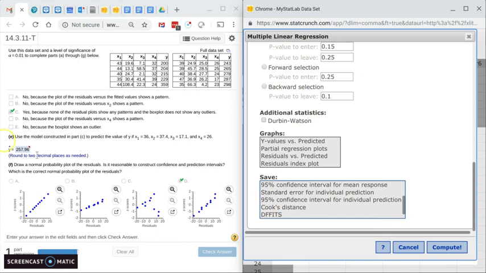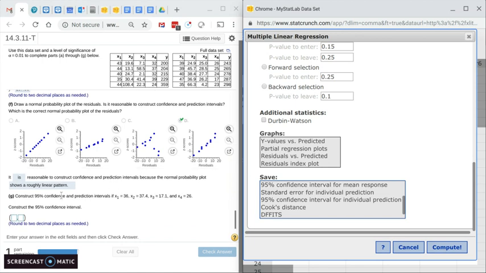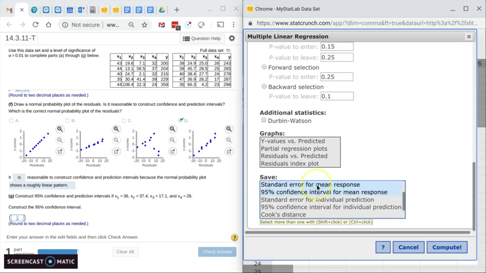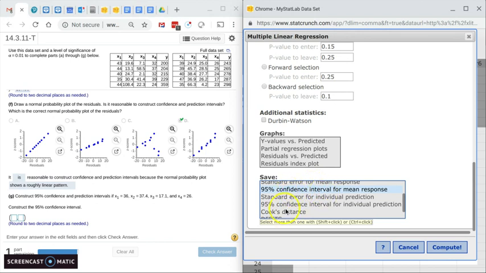That's going to get me the answer to this question, the prediction. And you'll see later, we're going to want a confidence interval and a prediction interval. So this gives me the confidence interval. Whoops, didn't mean to click that. Yeah, predicted values, confidence interval, and prediction interval. And I compute these.